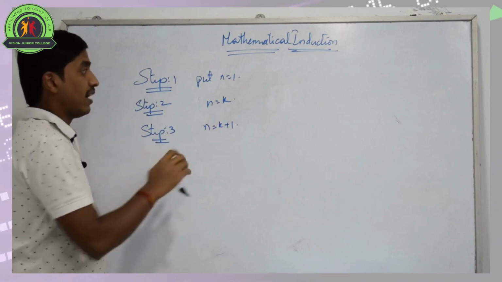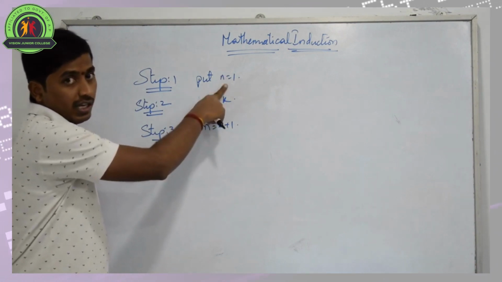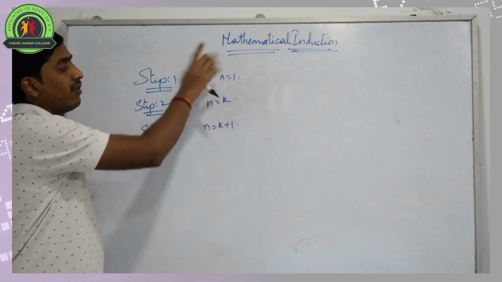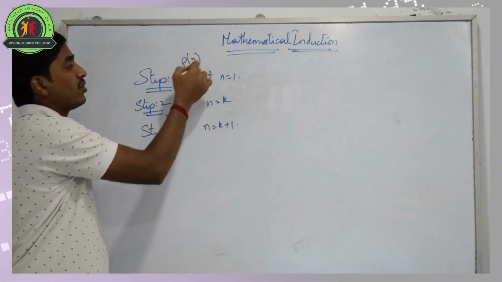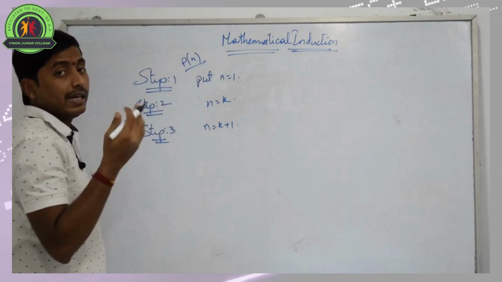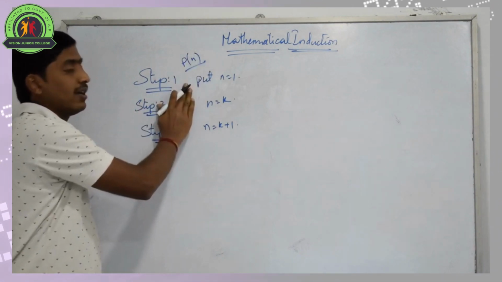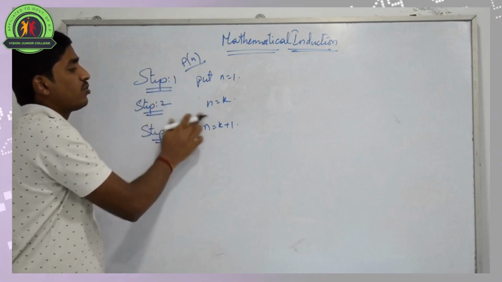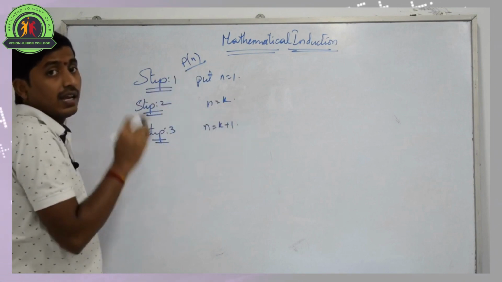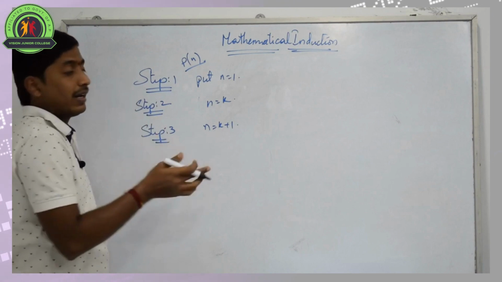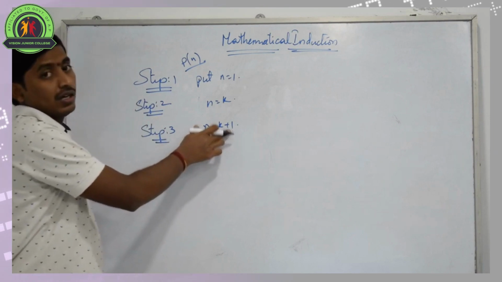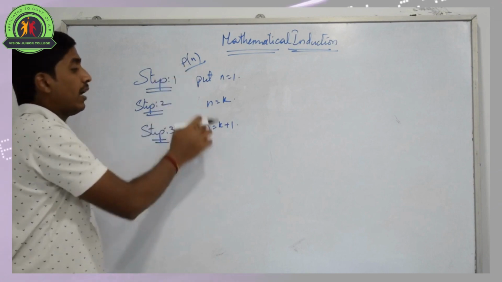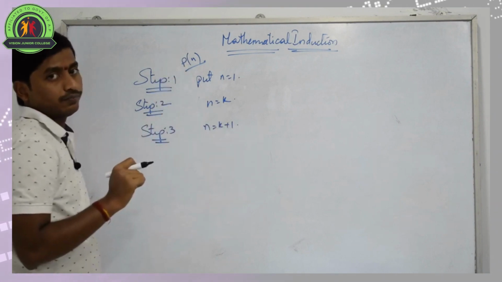Which means initially, for n is equal to 1, the statement P of n should be true. In the second step, by hypothesis, we assume that this statement is true for n equal to k. Then we have to prove that it is true for n is equal to k plus 1.